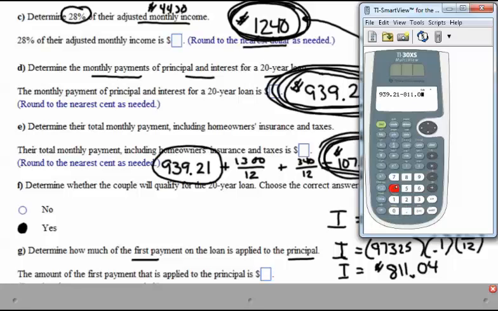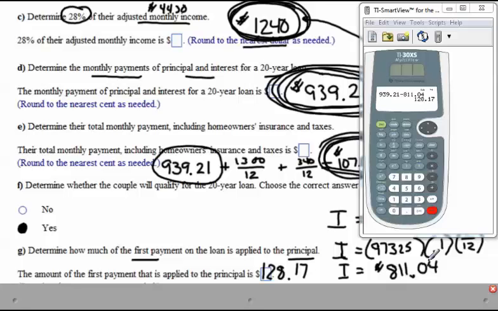That's why banks want to give you loans if you're good for the money, because they're making lots of money off interest. So the $97,325 of principal reduces by $128.17 that first month. The rest of the money went towards the interest.